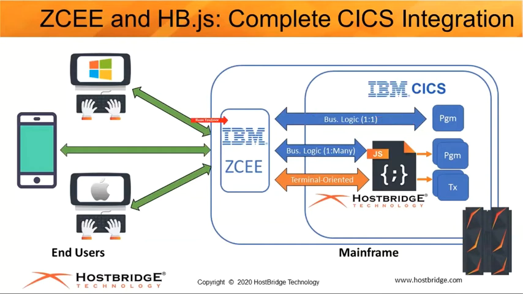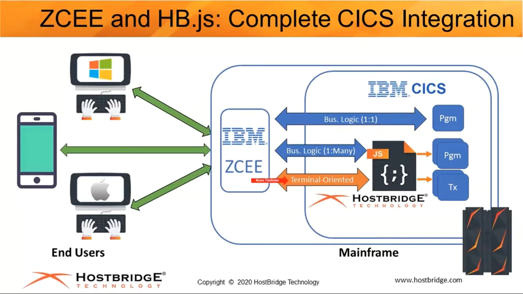Now, if you are like the vast majority of organizations we deal with, you may have a little bit of that, but you probably also have the more complicated cases as well. You want to build APIs based upon multiple artifacts, maybe multiple COMMAREA programs, or based on terminal-oriented transactions.